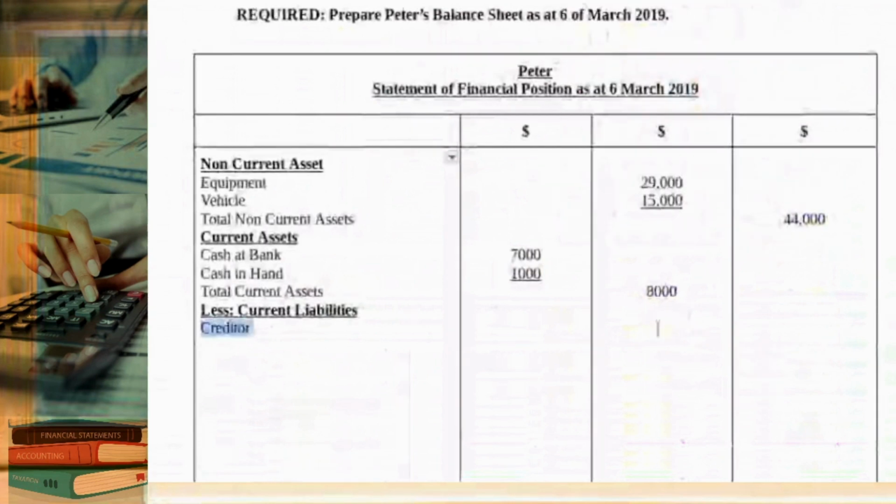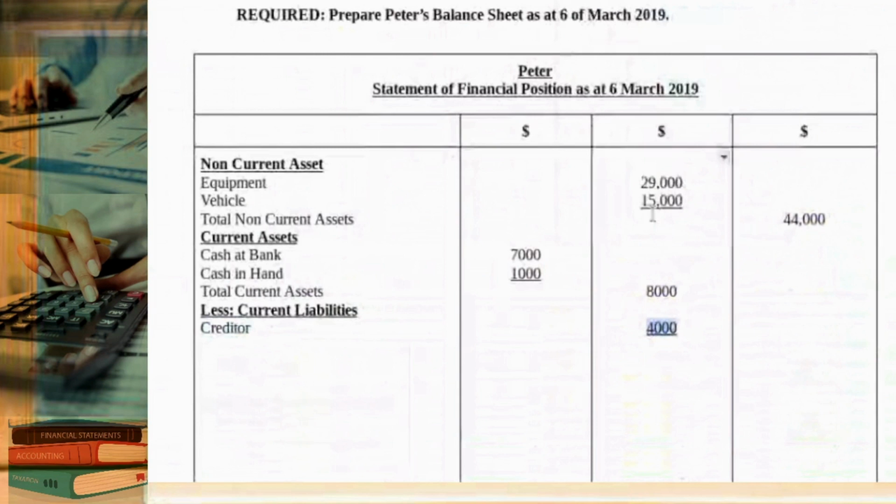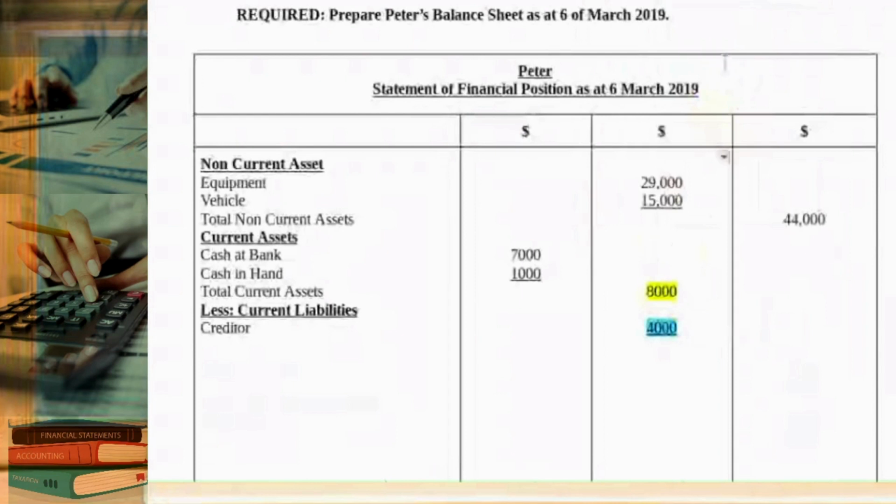So creditor, $4,000. So the total current asset, that is the $8,000 right here, $8,000 minus current liability of $4,000 gives us our working capital.